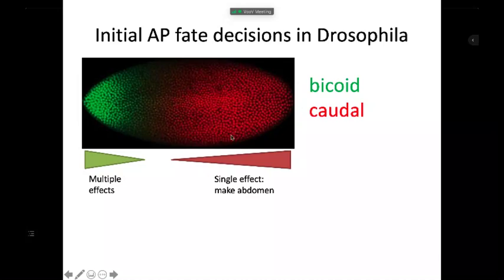Caudal, remember, was the mRNA was at a constant concentration across the embryo, and remember, bicoid inhibits the caudal RNA and prevents its translation, and so we have caudal having a single effect of make abdomen, and bicoid having multiple effects. Now, how is it that bicoid can exhibit these multiple effects?